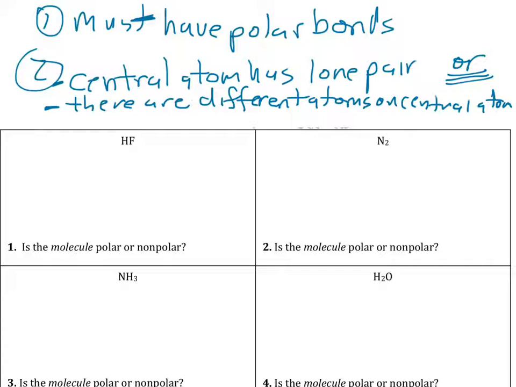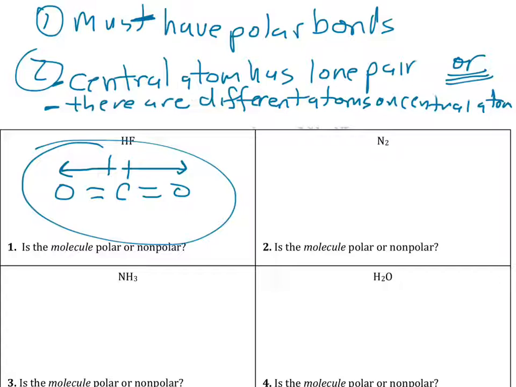But it also needs to be the correct shape, because if you remember, carbon dioxide has polar bonds. However, the dipoles go opposite each other and they end up canceling out, and this ends up not being a polar molecule.